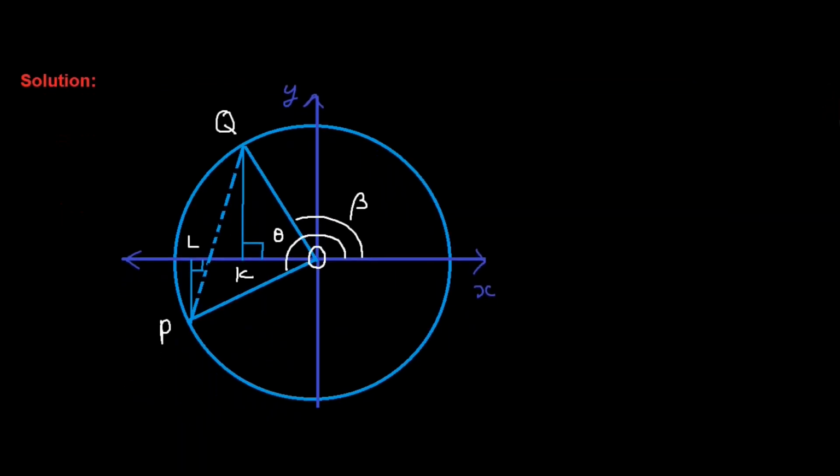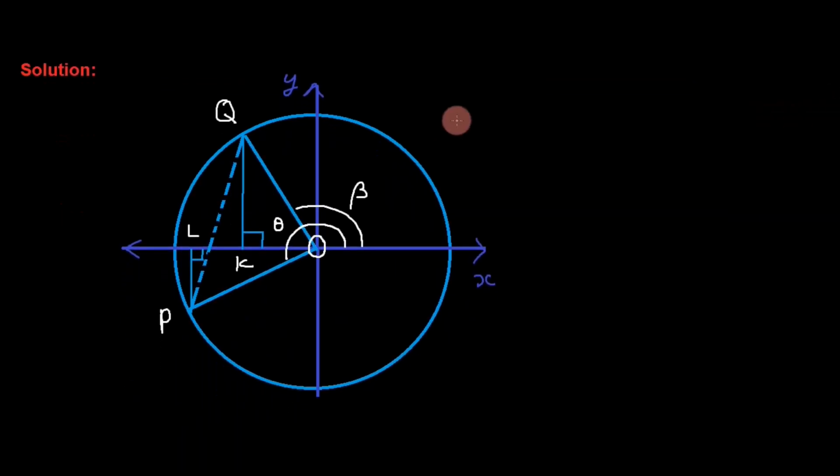And just like in the standard proof that we looked at right at the beginning, we have to put the coordinates of Q and P in terms of beta and theta respectively. So let's start with beta, and we want to write the coordinates of Q in terms of this angle, beta. So we're going to work inside this triangle over here. So triangle OQK.